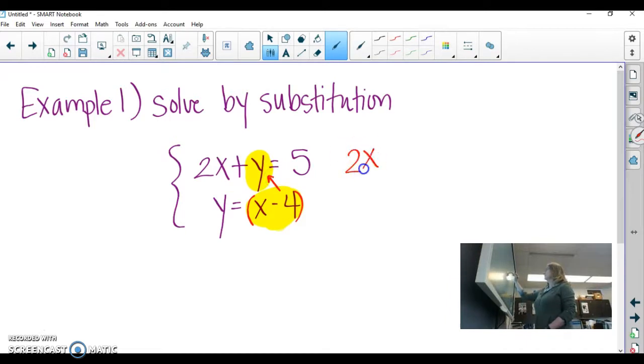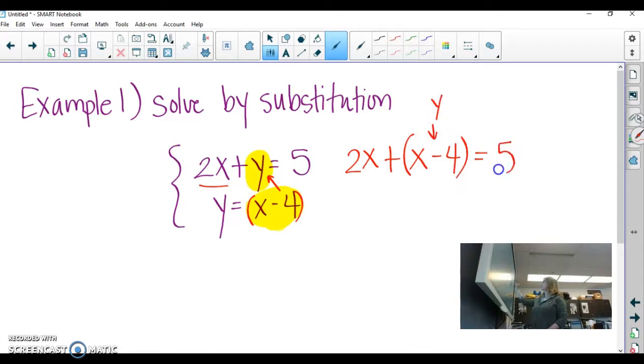So we have 2x plus, and instead of y, I'm going to write x minus 4. I just substituted that in place of the y, since y is equal to that, and that's equal to 5. Now we have one equation, one variable, and we can solve this equation for x.